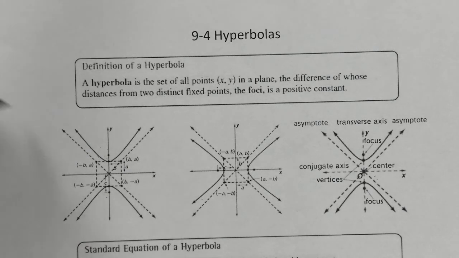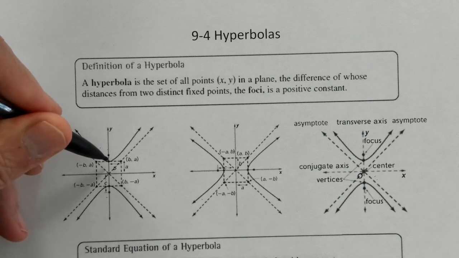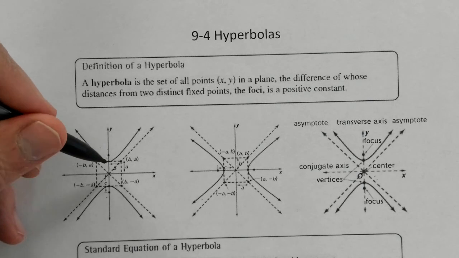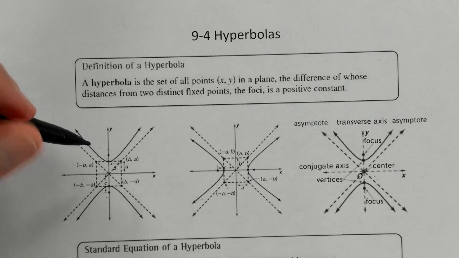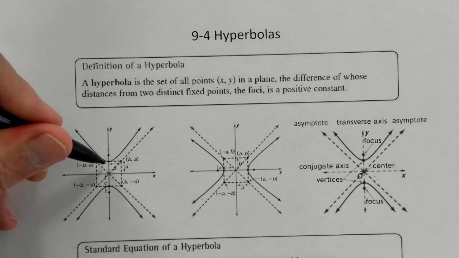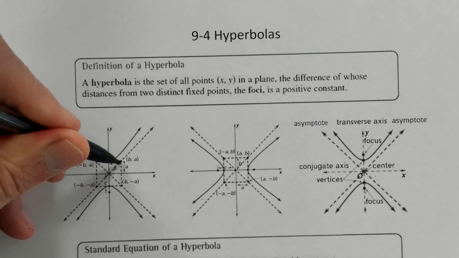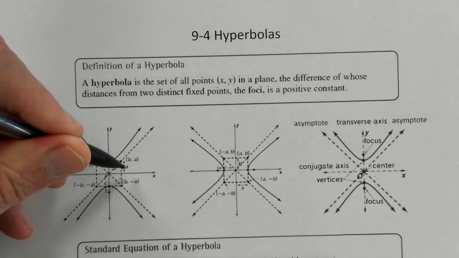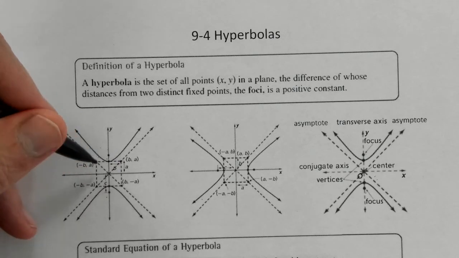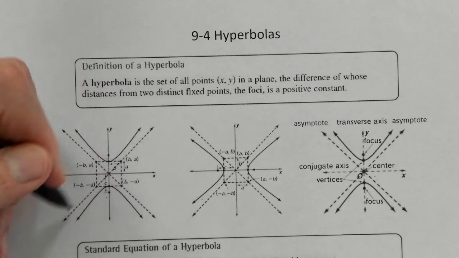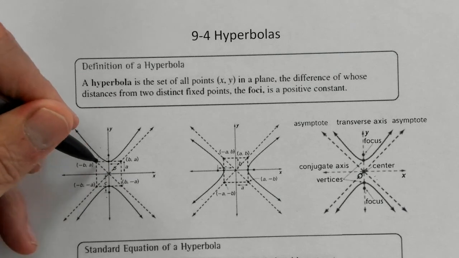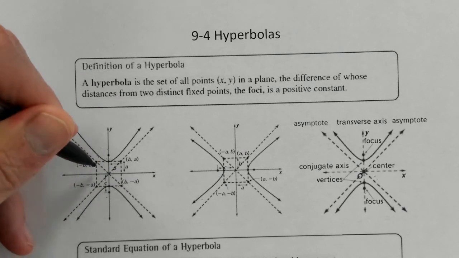Just some different parts and things here to look at. Let's say we wanted some distances here to look at. So first of all, we're talking about these four corner points where your asymptotes intersect right here to create this square.